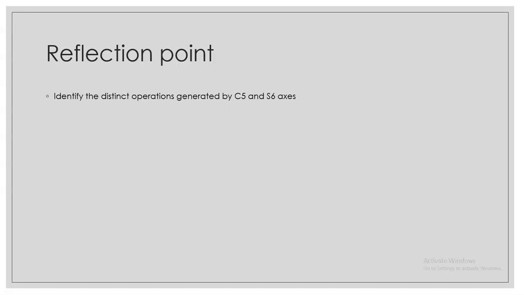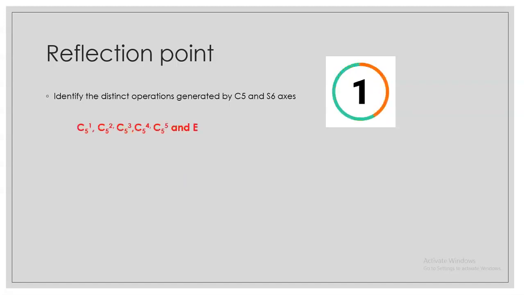So you can just work it out in the notebook and you can look into the answers. And C5 is able to generate C5-1, C5-2, C5-3, C5-4 and C5-5, that is equal to E. So on the whole, here there should be an equal to sign, and on the whole there are 5 operations.